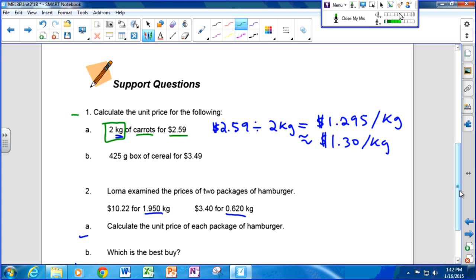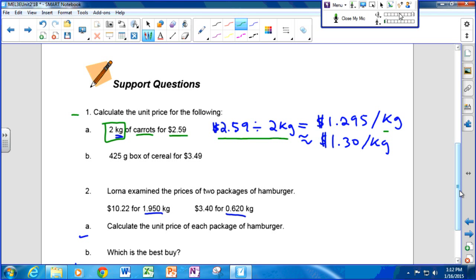So it's 259 divided by 2 kilograms, and then what you end up with is a dollar amount per kilogram. And don't forget the units, because even if it's something like a roll of paper towel, the units are per roll, right? In this case, it's per kilogram, so it shows it there.